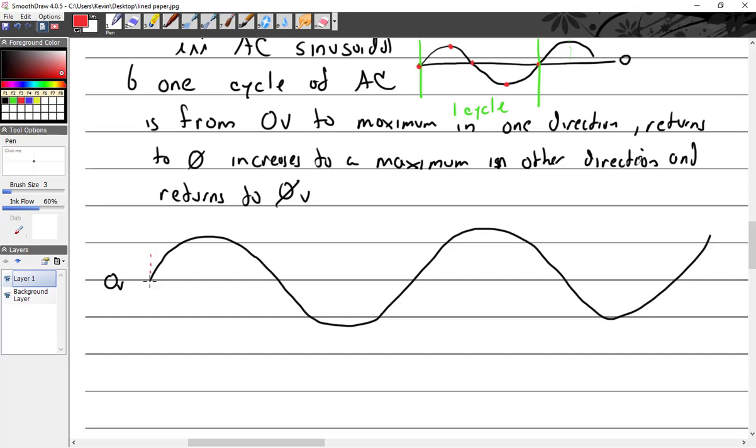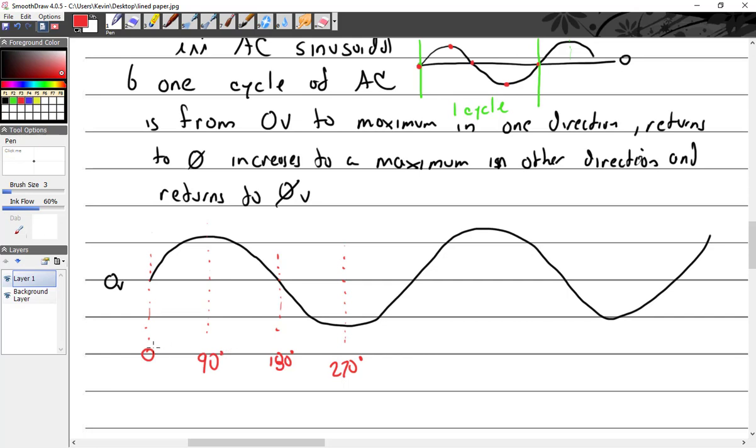So right here, that's 0 degrees. This right here is 90 degrees. So the loop started at 0 and it rotated a quarter turn, so that's 90. Comes around to 180. That's going to be right here at the 0 line again. What am I going to have here? 270 degrees.